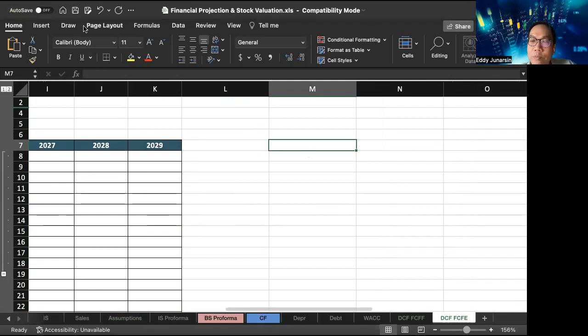So free cash flow to the firm is the free cash flow available to both investors, the creditors and stockholders. But free cash flow to equity holders is free cash flow available to stockholders only. Okay?